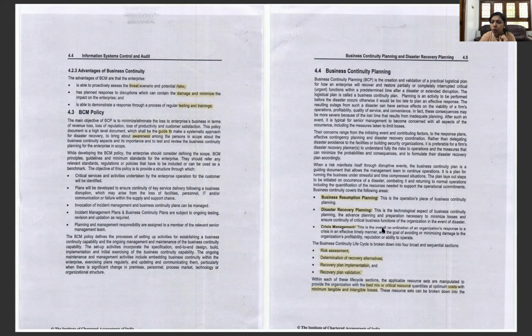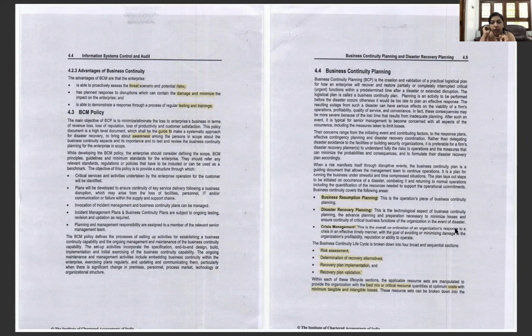This is the overall coordination of an organization's response to a crisis. So how are they going to respond in the face of a crisis? In a timely manner, with the goal of avoiding or minimizing the damage to the organization's profitability, reputation, and ability to operate. So crisis management is the overall coordination of the organization's response.